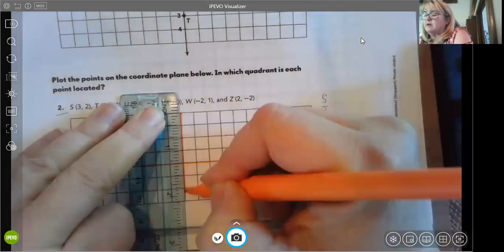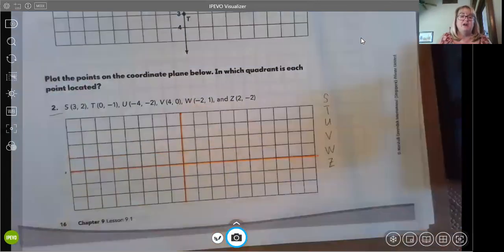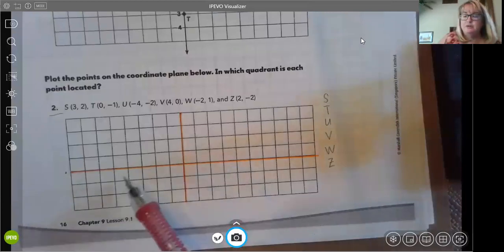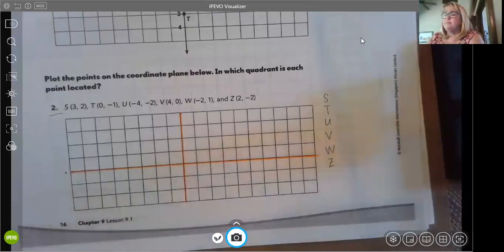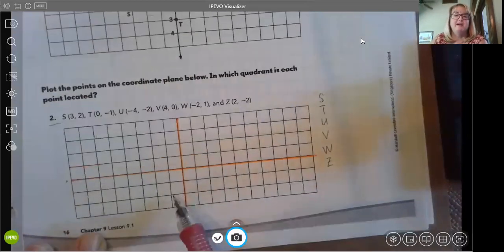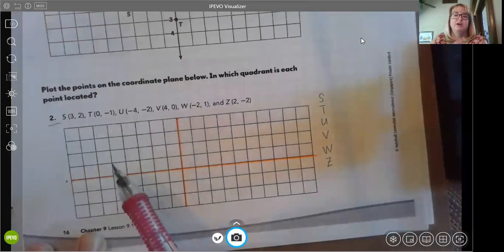Okay, so I have drawn the x and y axis. I don't expect you to label it. You don't have to put 1, 2, 3, 4, and then -1, -2. But we are counting by ones.